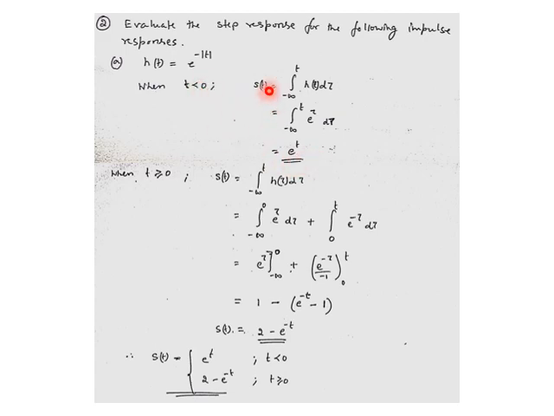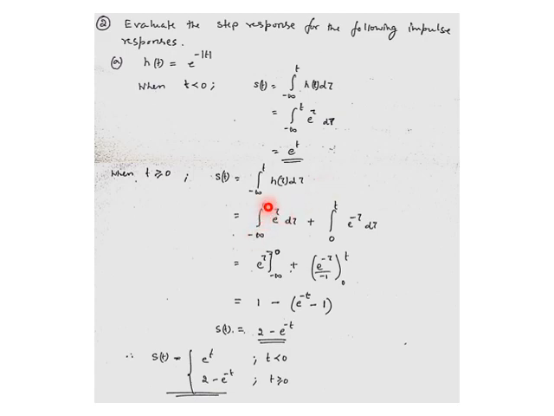So when t is greater than or equal to 0, what is going to happen? As per the standard equation, s of t is equal to the integration from minus infinity to t of h of tau d tau.